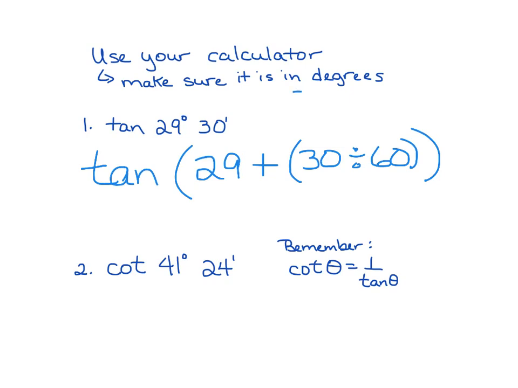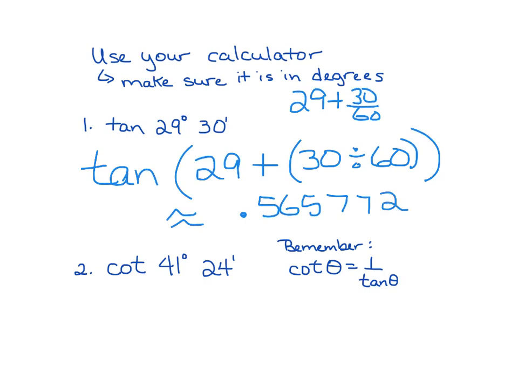So again, remember it was 29 plus 30 over 60. The fraction is division, and this is going to approximately give me 0.5657729. Now, on the test, just follow the directions.